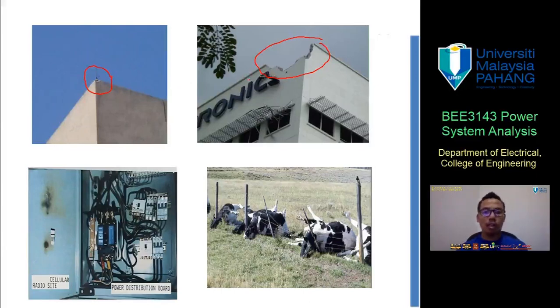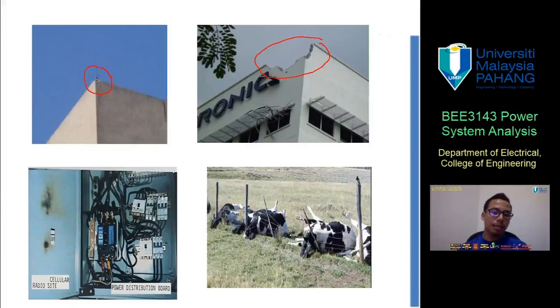You can Google, or maybe you learn from other subjects, why the lightning tends to strike at the edge of the system. Of course, it is not covered in this subject, but just for your general knowledge, you can Google it. What is the relation between magnetic field and electric charges to the lightning occurrence?